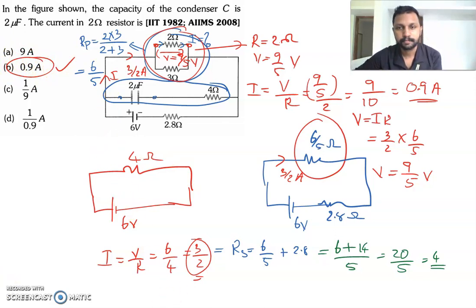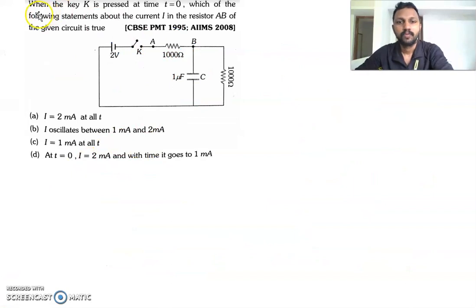Next question. When a key is pressed at time t is equal to 0, which one of the following statements about current in the resistor AB in the given circuit is true? That is, if we are pressing the key in this situation, which statement is true? Let's read all the statements.